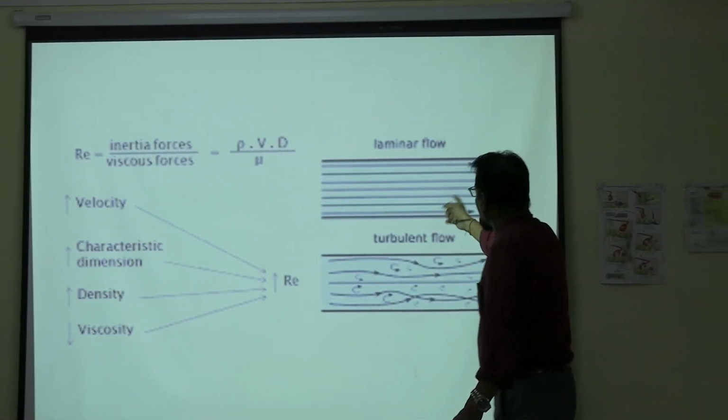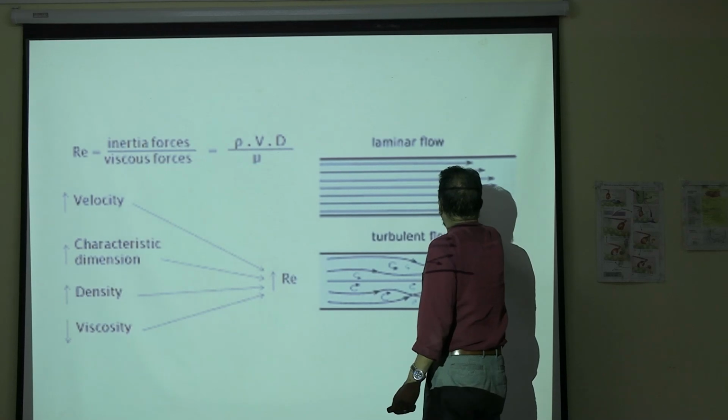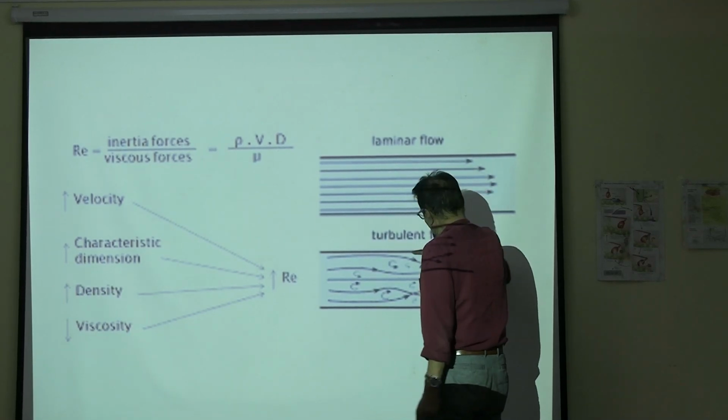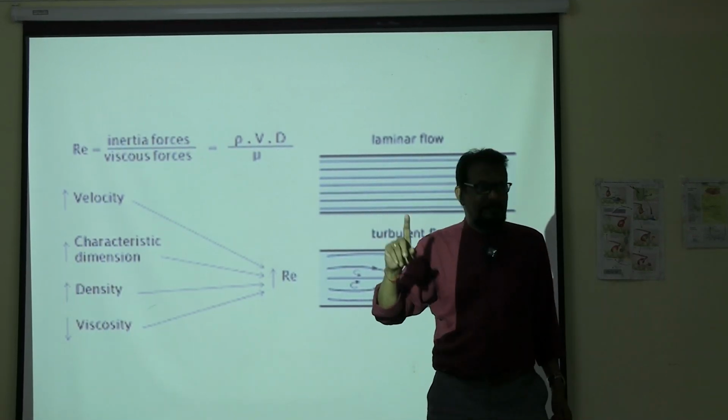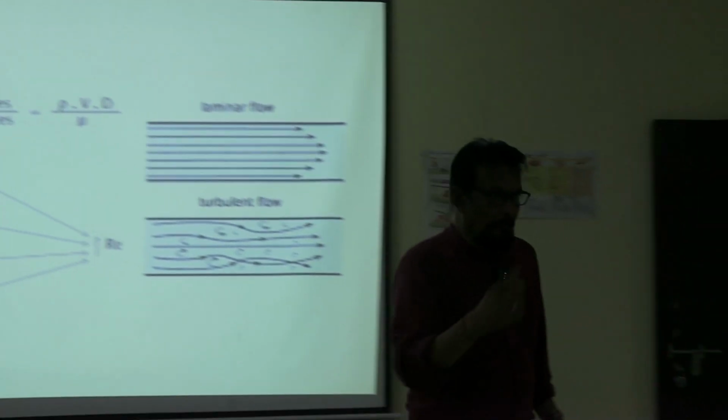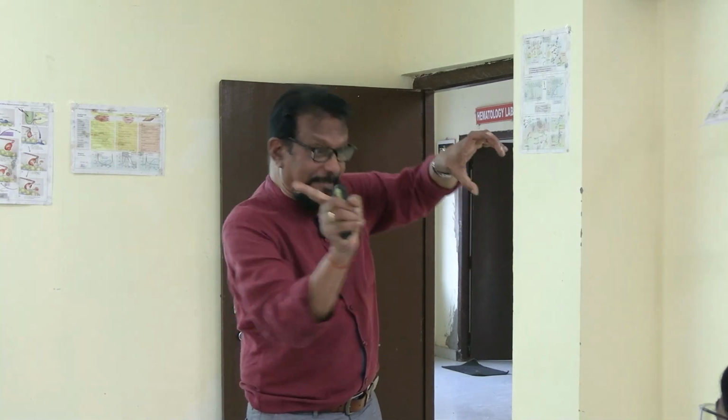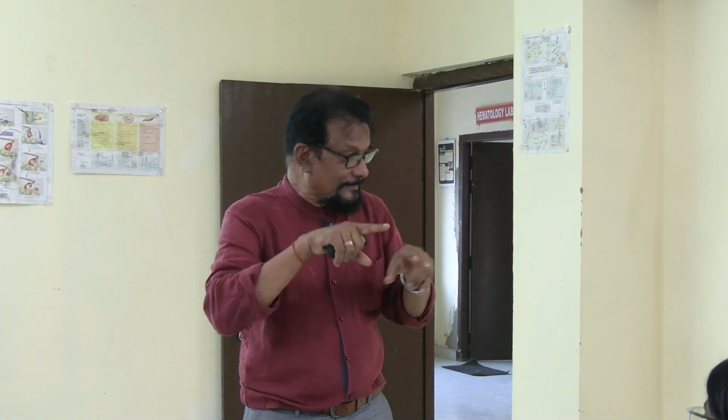Now here the fluid does not flow in layers. This is disturbed because of sudden narrowing of the vessels. With narrowing of the vessels, velocity increases. As a result, there is disturbance.